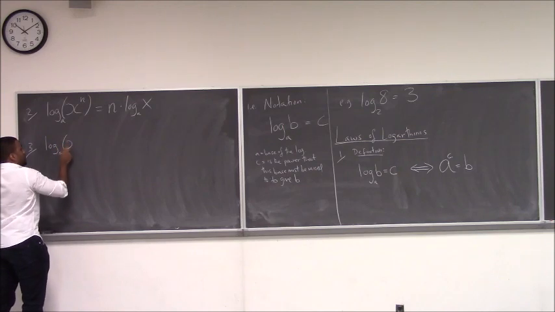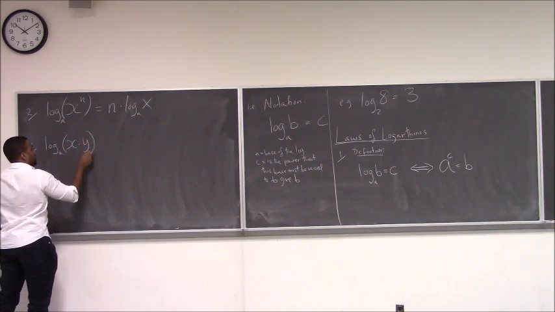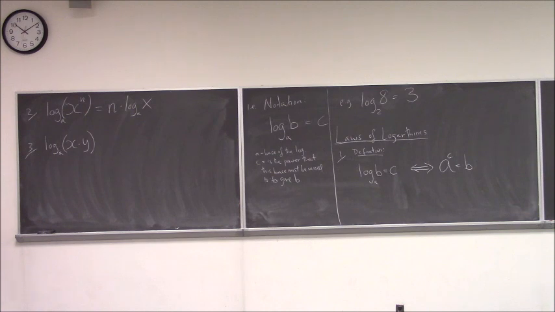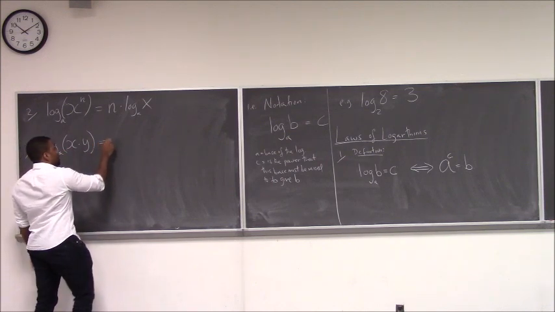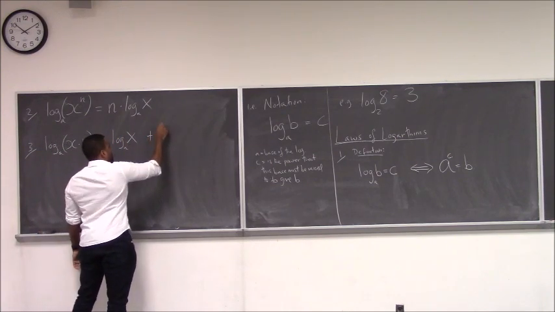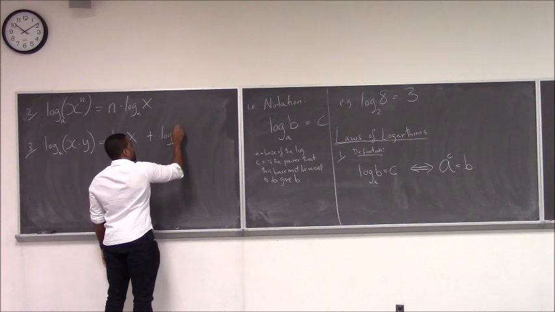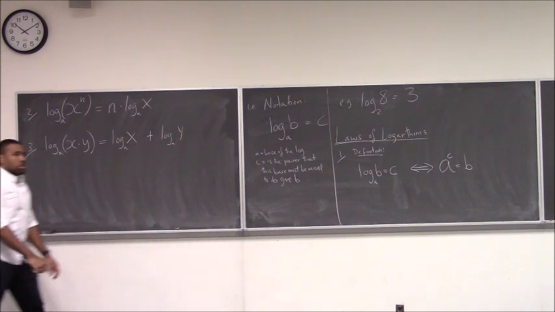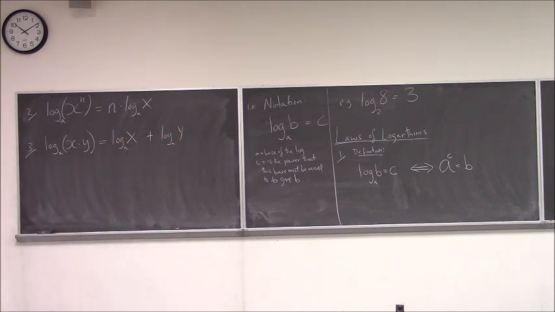They also turn products. Right? So let's say inside my log I have a multiplication going. Does anyone remember what that does? Yeah? Addition. It turns multiplication into addition. So the log of a product is actually the sum of the logs. So if I have log of something being multiplied, I can actually break this apart into a sum.